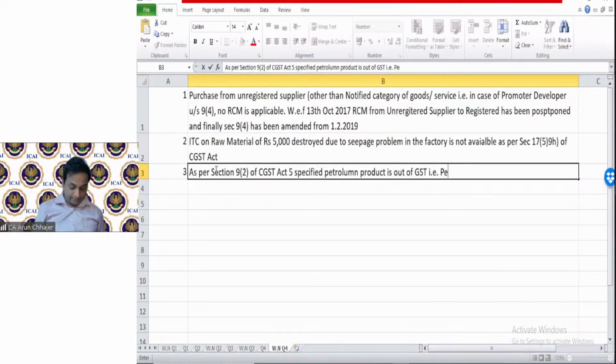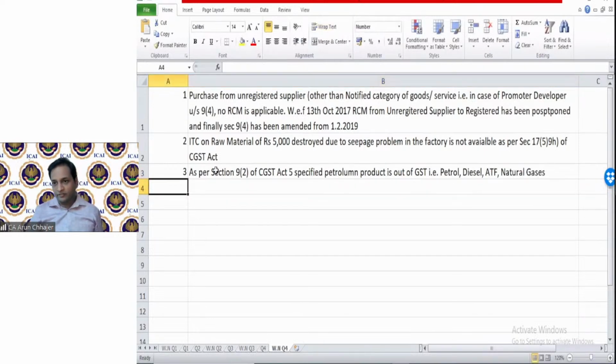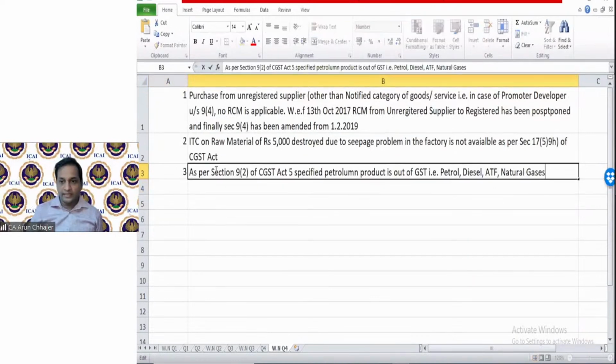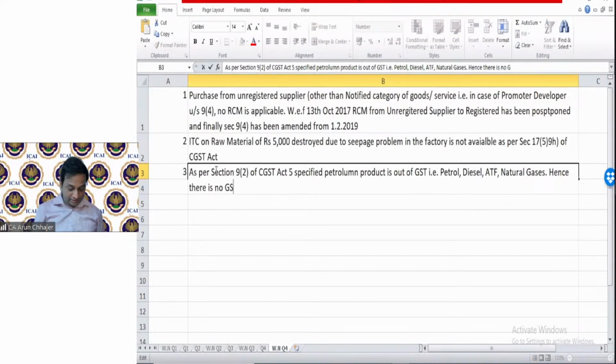That is petrol, diesel, aviation turbine fuel, natural gas. So you can write in detail, but I'm giving you just brief. You can write all the 5 names. So hence, there is no GST on diesel.